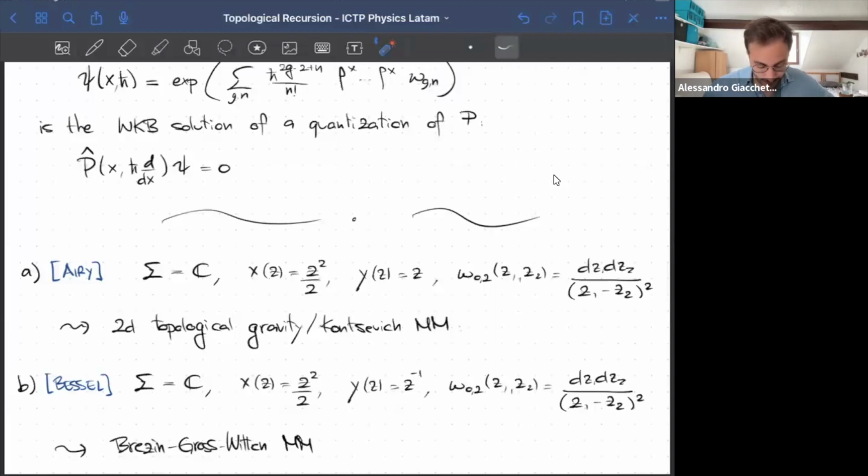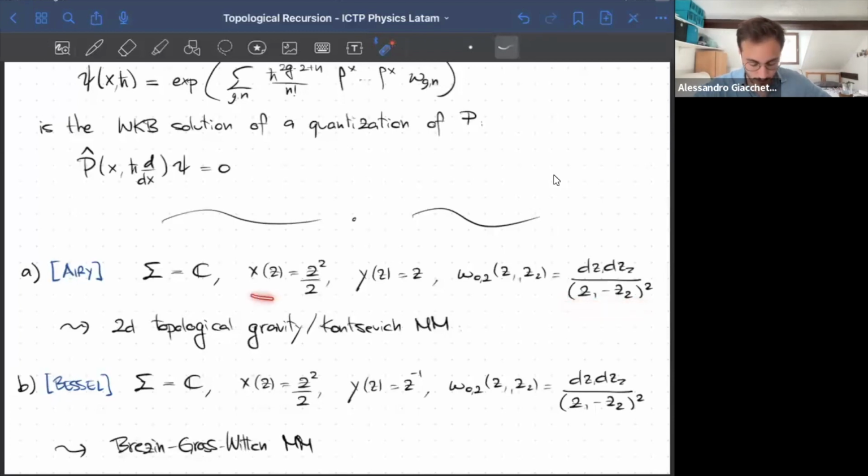The easiest possible map that has this property is z squared, or z squared over 2 in this case. This has exactly one simple zero of dx. And if you take y equal to z and omega 0,2 to be this specific two-differential, remember that omega 0,2 has to have a double pole along the diagonal, so something that behaves like this.